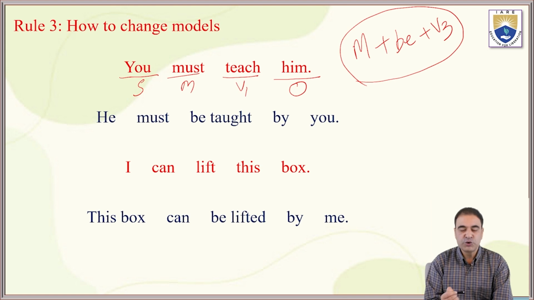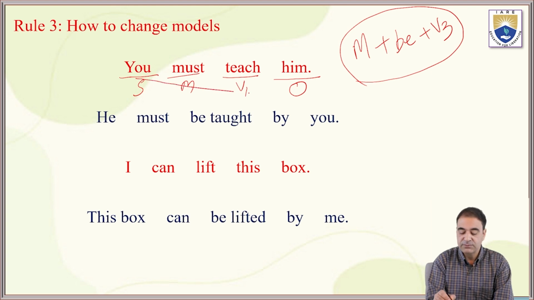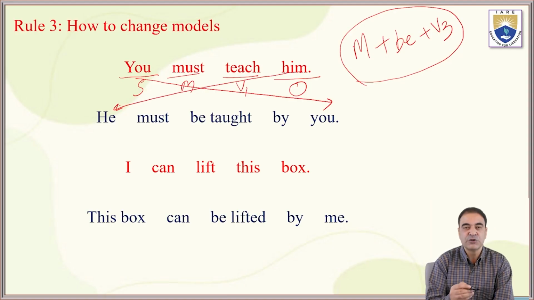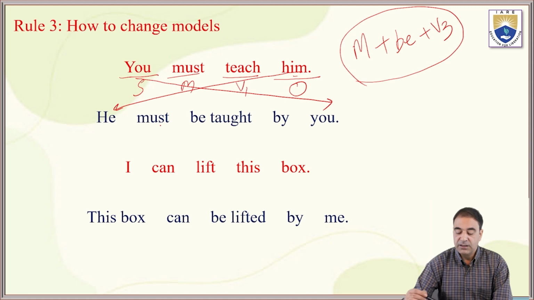First, you have to interchange the place of subject and object. "You" will come at the position of object, and "him" will come at the position of subject. "Him" will change into "he". Then "he", the subject, must be followed by the modal auxiliary, that is "must".